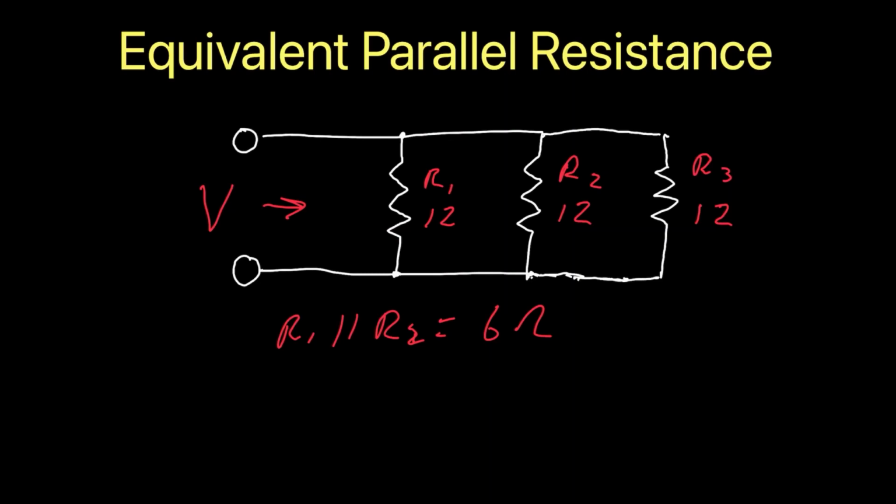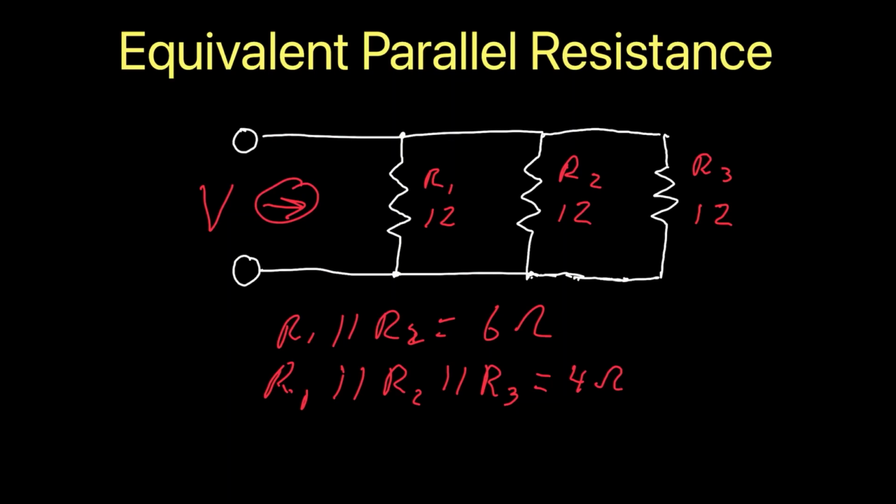When you have three resistors of the same value, then the equivalent parallel resistance is 1/3 of each value. So 1/3 of 12. So now you have R1 in parallel with R2, in parallel with R3. And that equivalent resistance is going to be 1/3 of each value, which is 4 ohms. So 4 ohms would be what this voltage source is seeing in this case.